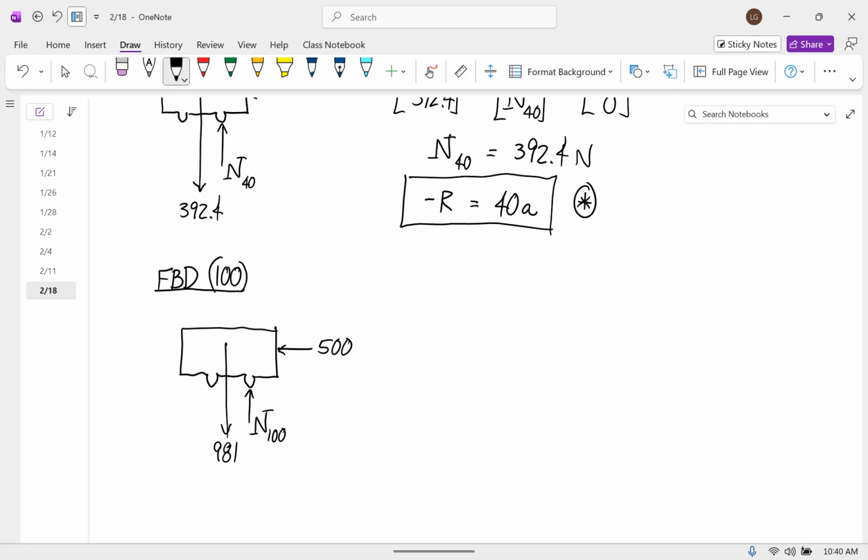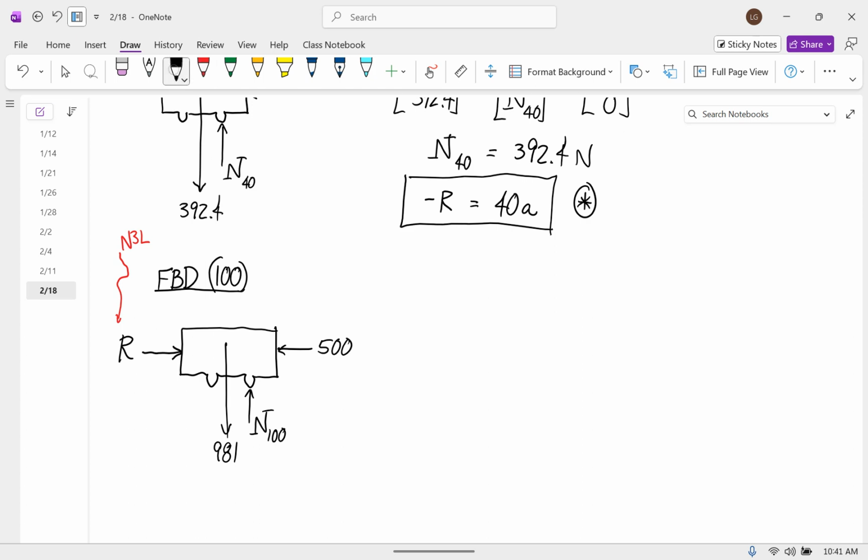The rules say parallel to the perpendicular to the surface of contact toward the chosen body. And since this is a contact force between two bodies, and we're just switching what body we're looking at, these have to have the same magnitude. So this is from Newton's third law, that we know those have to be the same.